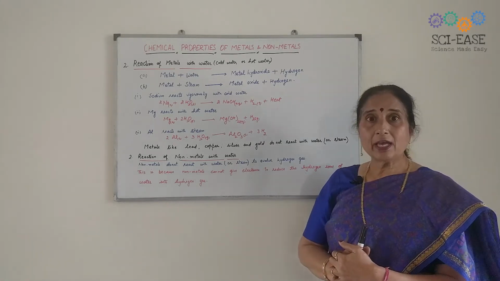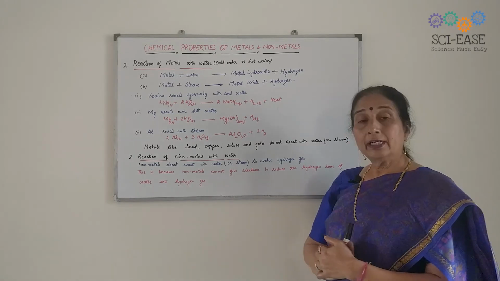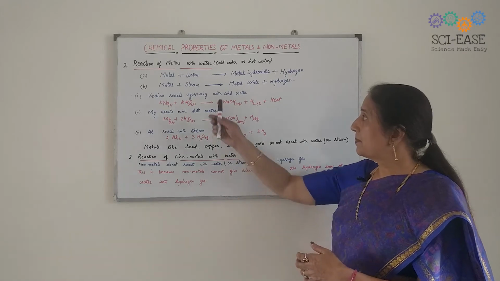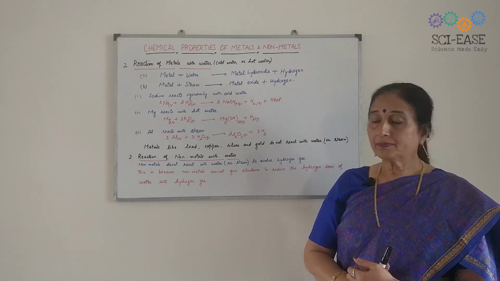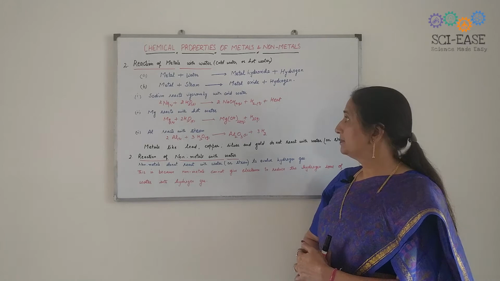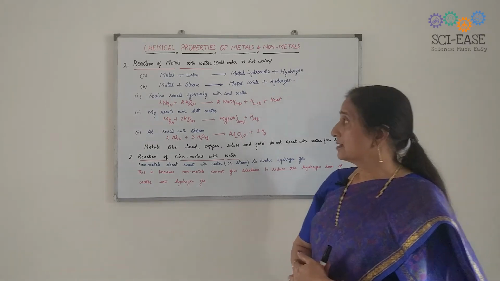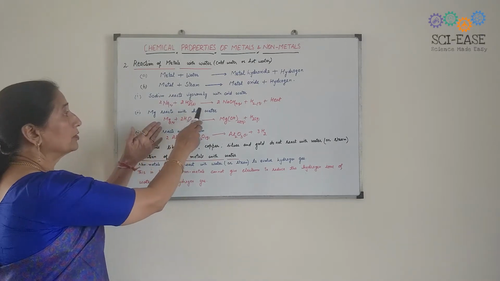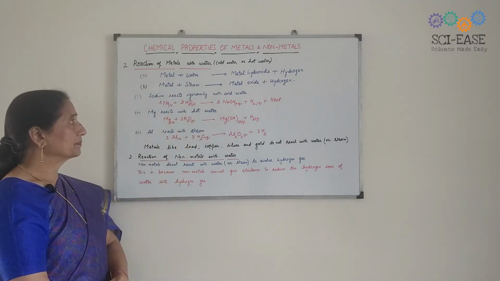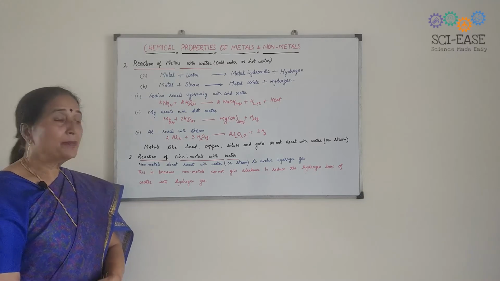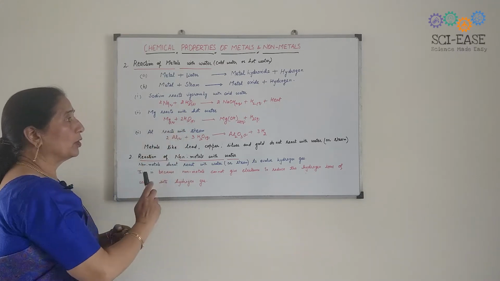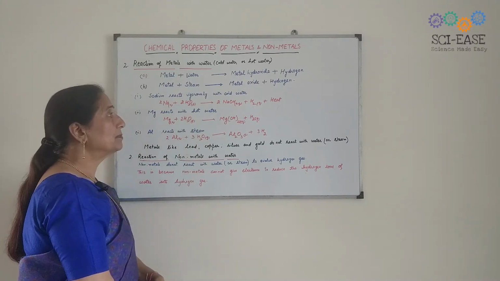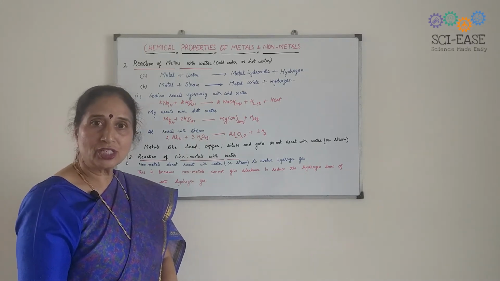In the same way, potassium also has a violent reaction with cold water. Same equation that can be written for potassium. Next is magnesium. It reacts with hot water and it will result in the formation of magnesium hydroxide plus hydrogen.